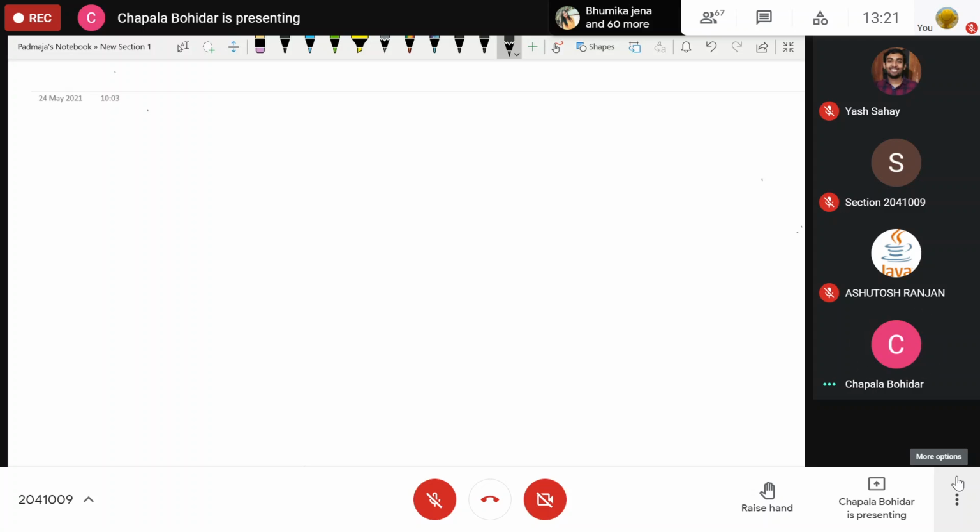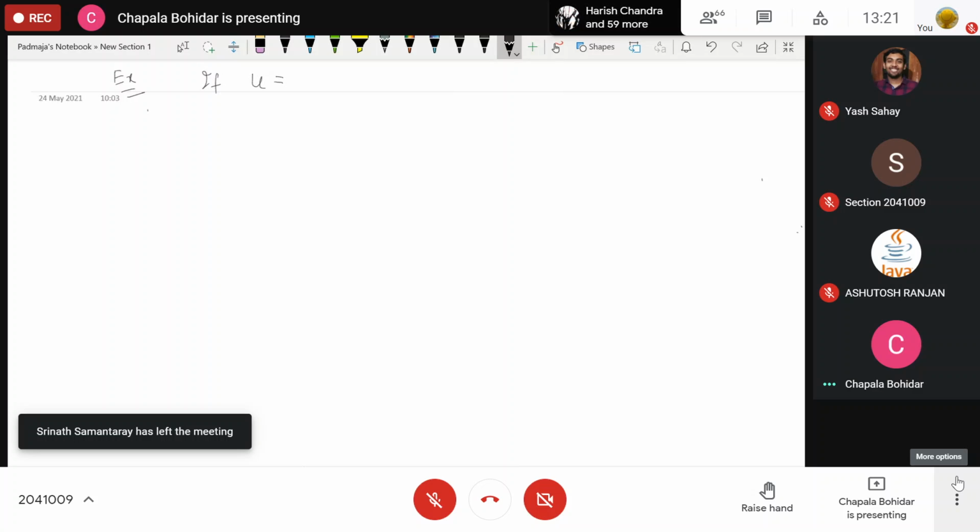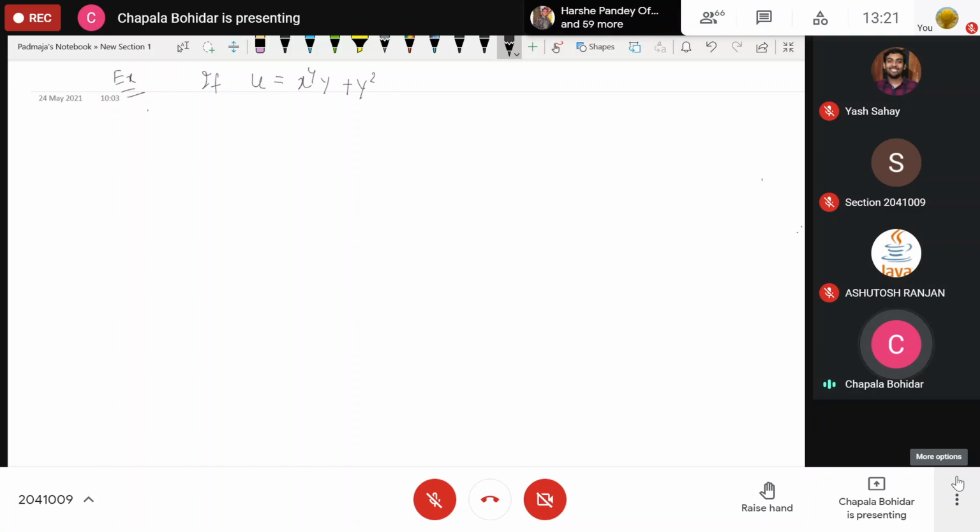Example. If u is equal to x to the power 4 y plus y square z, where x is equal to r s e to the power t, y is equal to r square e to the power minus t, and z is equal to r square s sin t.